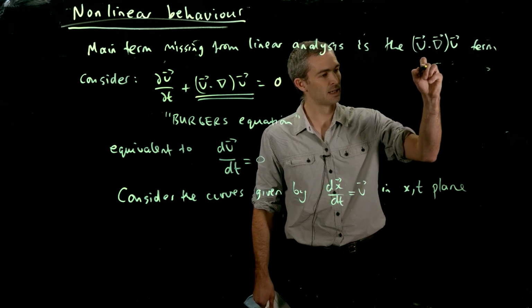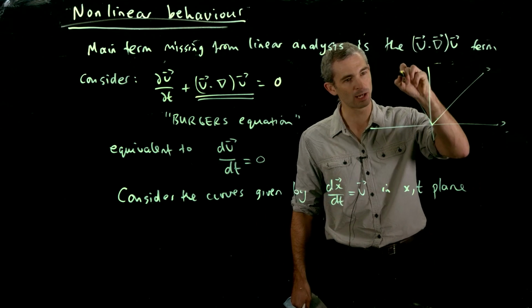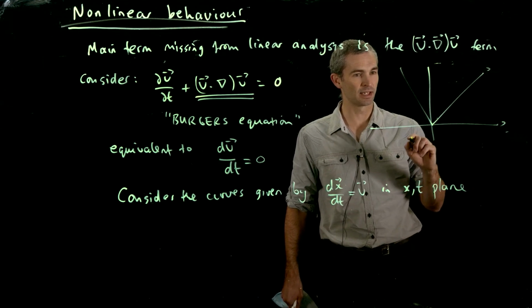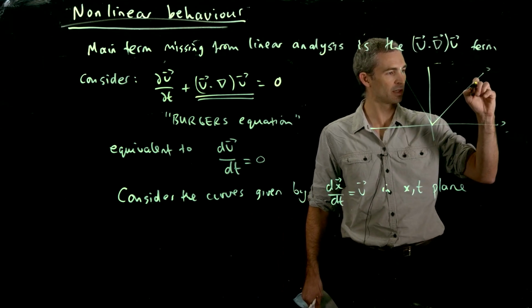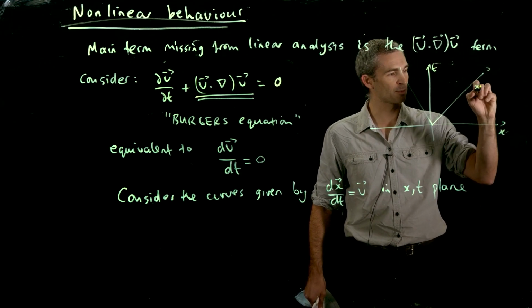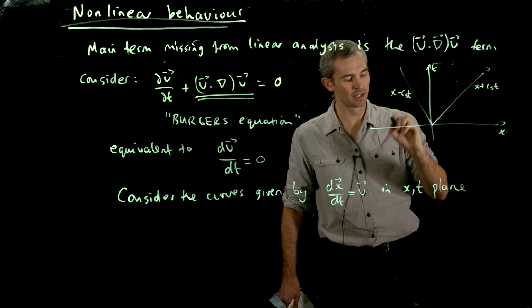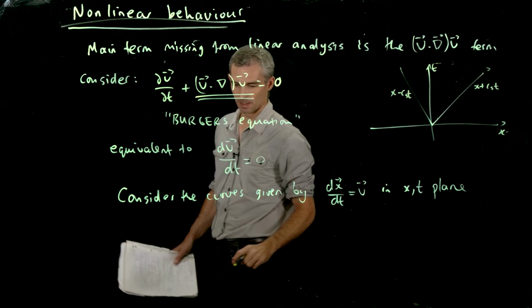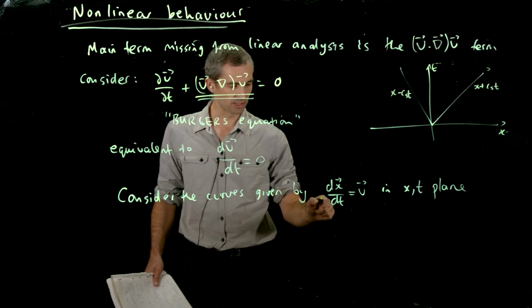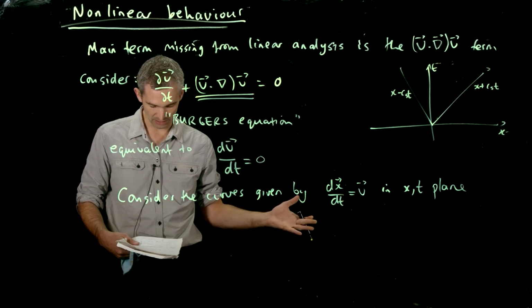If you recall, last lecture we drew a diagram about the characteristic solutions for our waves. And I mentioned that this was time, and this is x, and this is x plus sound speed times time, and this is x minus sound speed times time. But let's consider what happens to this equation now. We've got dx/dt equals v and dv/dt is 0. So we're just moving at a constant velocity.